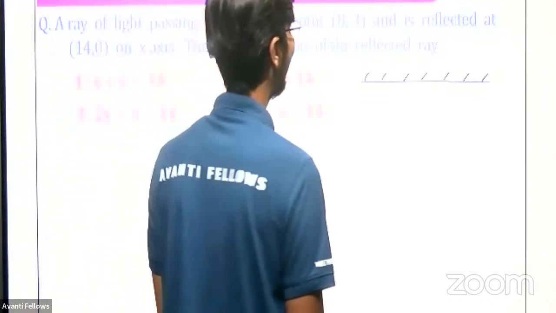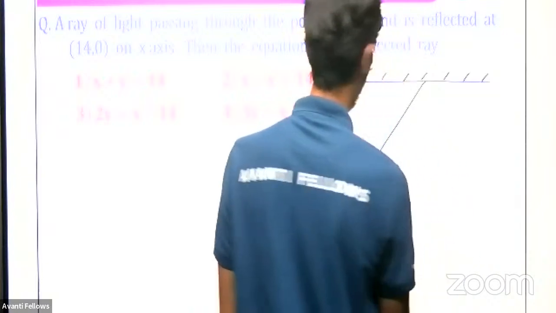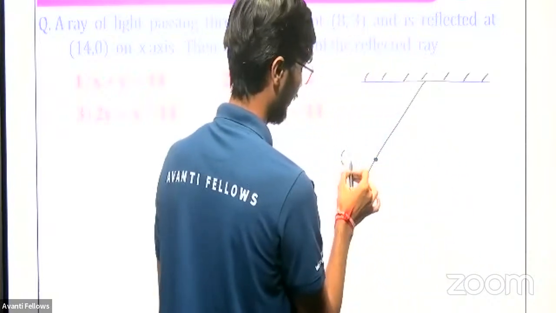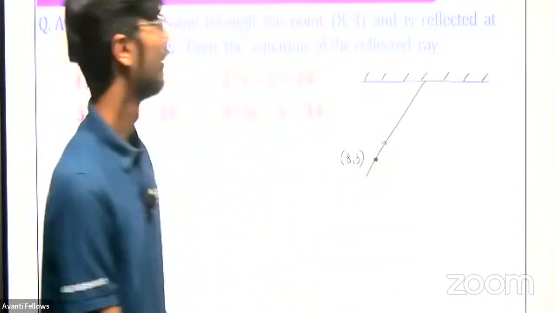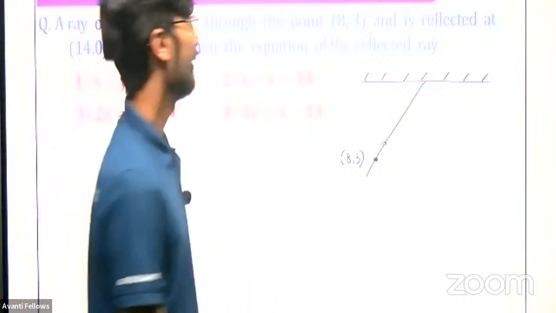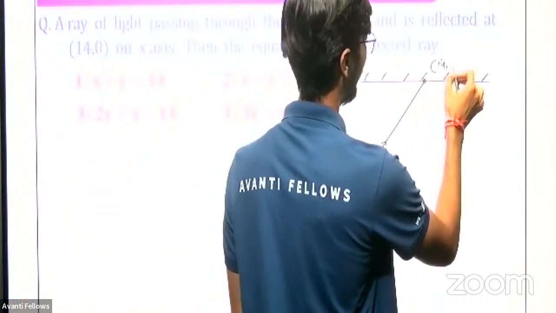You draw this like this in physics, right? So a ray of light passing through point (8, 3). And this is the ray of light, which is reflected at (14, 0). So this point is (14, 0).